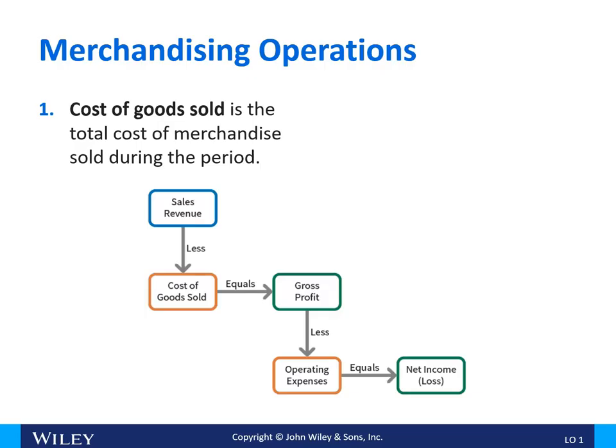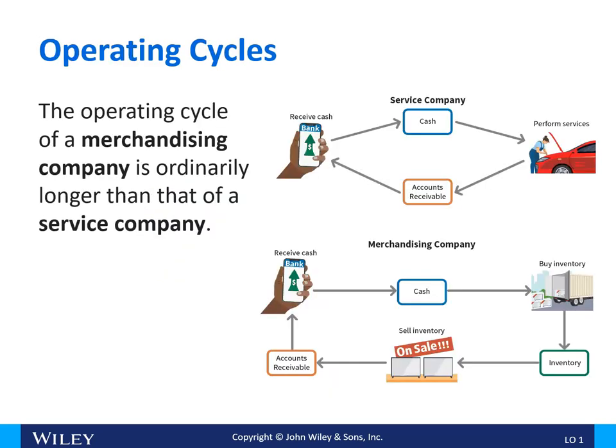We then subtract our operating expenses and we get our net income. Again, when we talk about the multi-step income statement, we'll get into more details of how this flows. But the new concept here is this cost of goods sold. Since we're selling goods, we have a cost associated with those goods and we account for those as well.